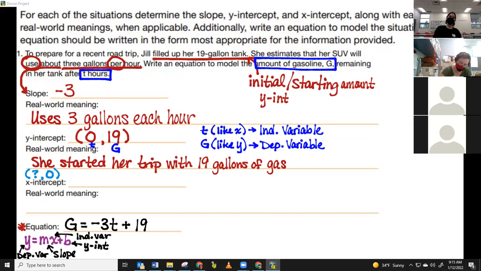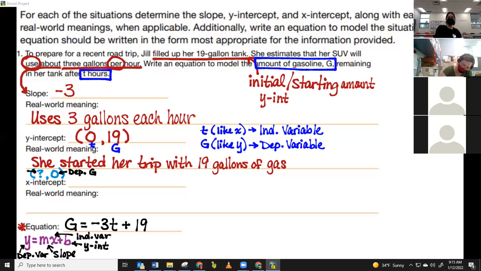Is that 0 my independent variable, time, or is it my dependent variable, gas? That is my dependent variable. So this is the dependent variable, which is G. And I see this question mark over here.